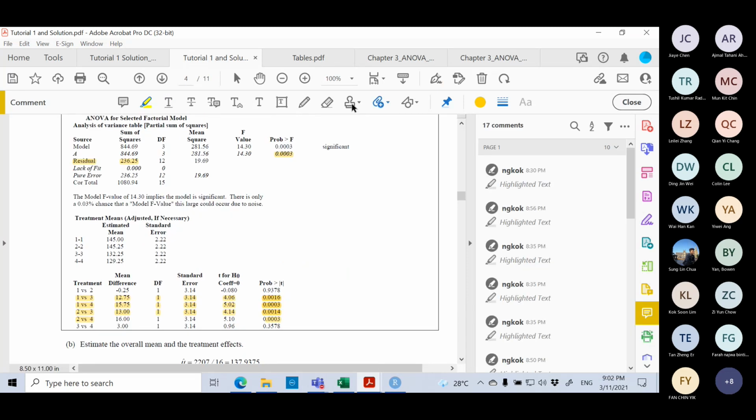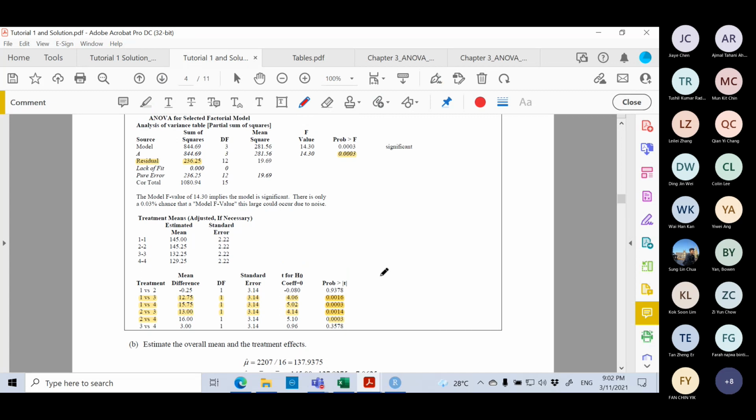Most of the time we will use 5% error to compare. Even if we set alpha as 1%, you can see that this one is clearly smaller than alpha. So this will lead you to reject the null hypothesis. Only 1 and 2, and 3 and 4 have no significant difference, because you can see the p-value is quite large. Okay.